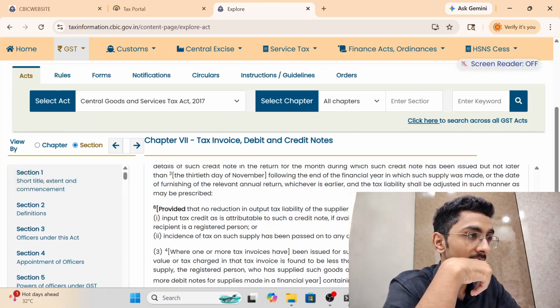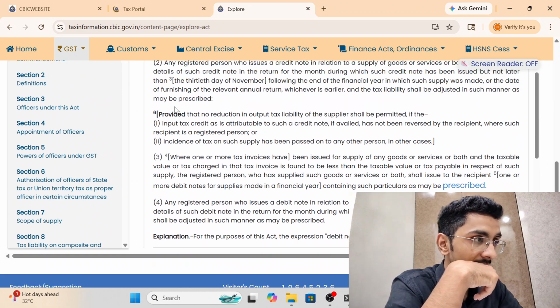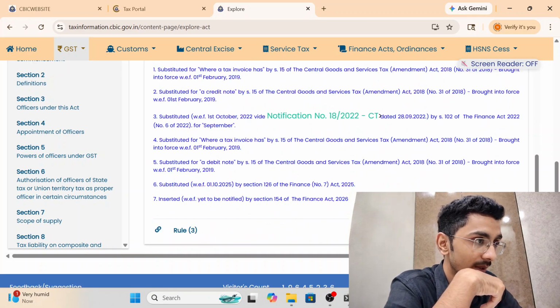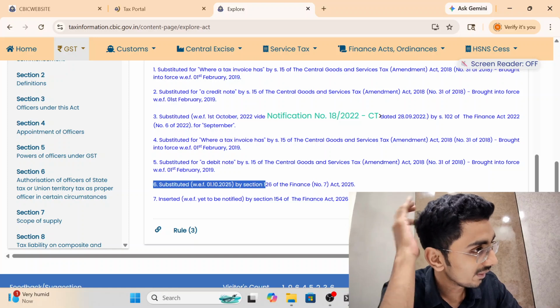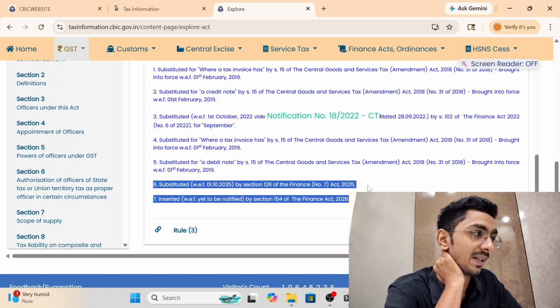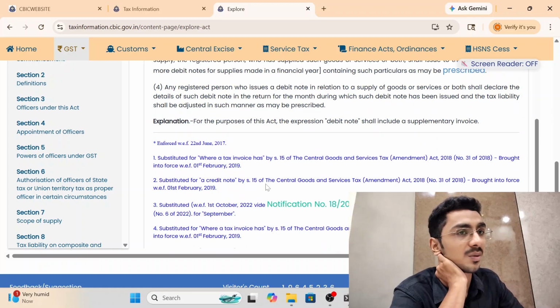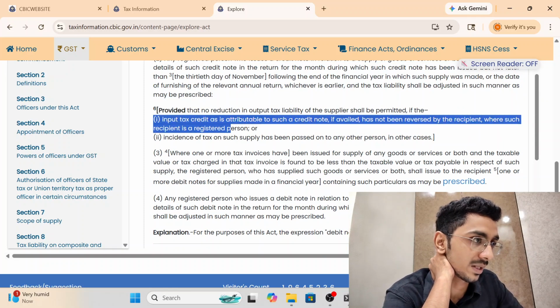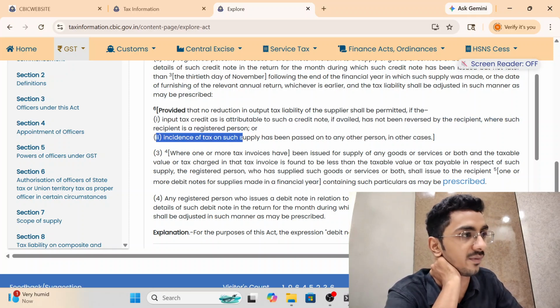And also one more thing, in the proviso, if you find that there's 1/6, that means you just have to come below and you will find that it was substituted, dated 1st October 2025 by Finance Act 2025. Because earlier there was only one condition, that is incidence of tax. Now there are two conditions. First one, ITC by the recipient. Second one, incidence of tax.